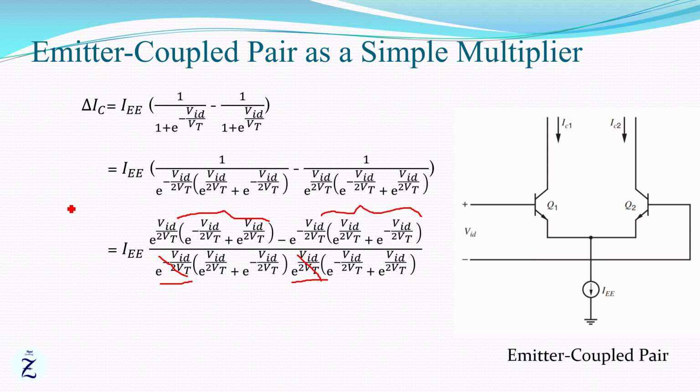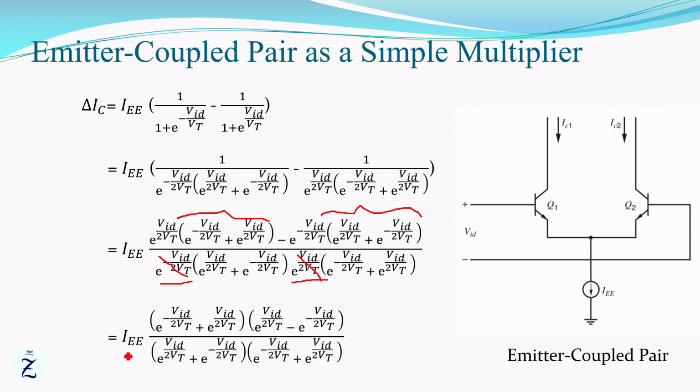Then the equation becomes delta IC is equal to IEE into e raised to minus VID divided by 2VT plus e raised to VID divided by 2VT into e raised to VID divided by 2VT minus e raised to minus VID divided by 2VT, whole divided by e raised to VID divided by 2VT plus e raised to minus VID divided by 2VT into e raised to minus VID divided by 2VT plus e raised to VID divided by 2VT. Now these terms will get cancelled.